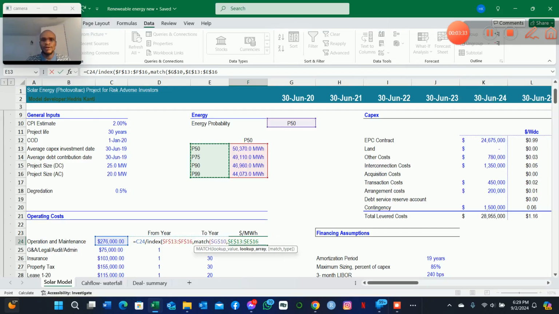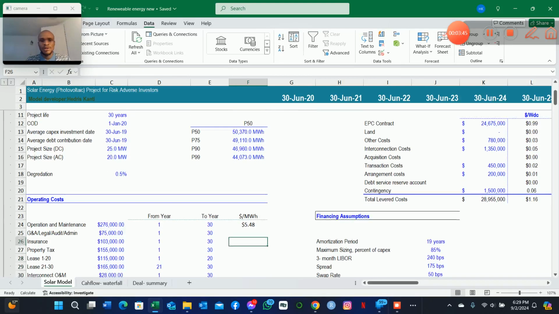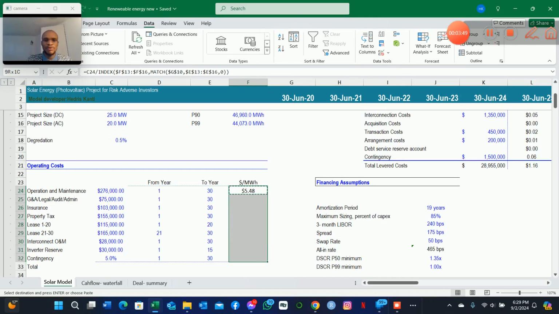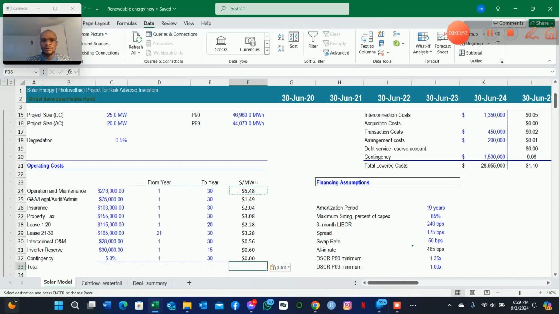We reference that as well, then comma 0 for an exact match. We close the bracket 2 times and we press enter. We can take this and fill it for the rest of the columns.